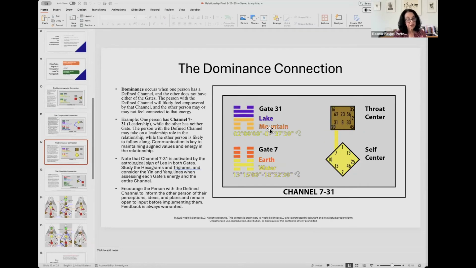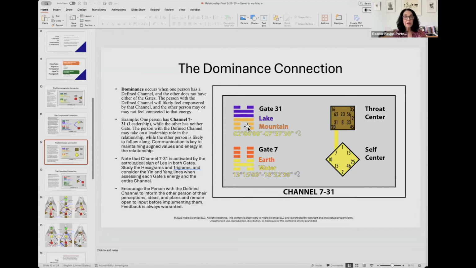In a dominance channel, and I picked the 7-31. Again, look at the hexagrams. Look at the colors. All of my work is color-coded by the astrological sign. I did that because I'm an astrologer, and astrology is one of the components in the human design chart.